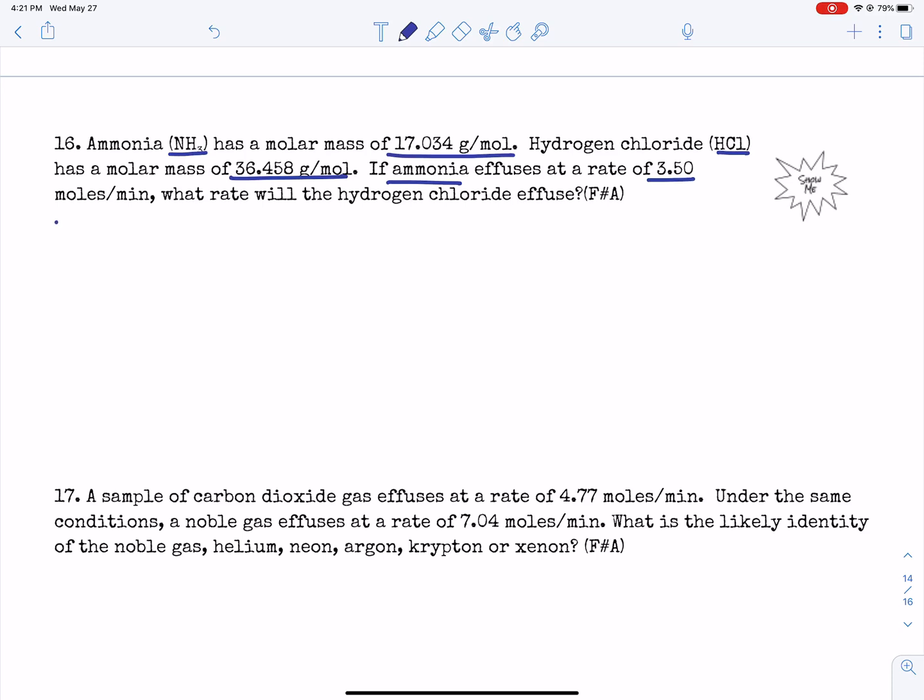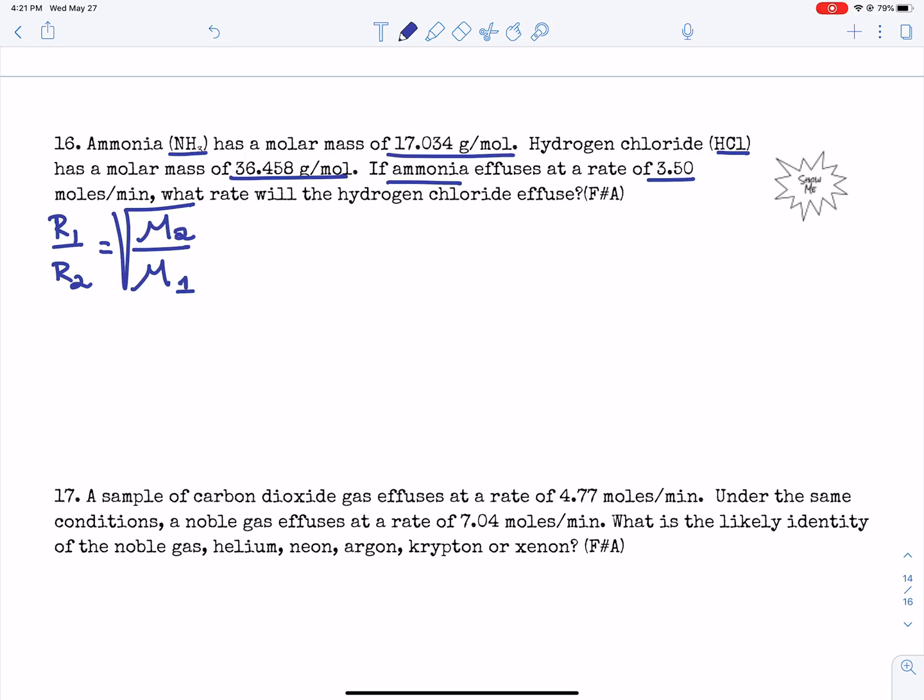So we write our formula, and I just abbreviate it. Rate 1 over rate 2 equals big, huge square root, molar mass of compound 2 over molar mass of compound 1, making sure the same compounds are diagonal from each other.